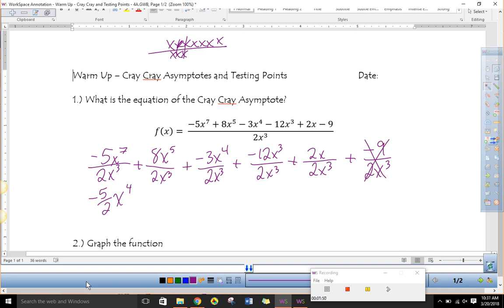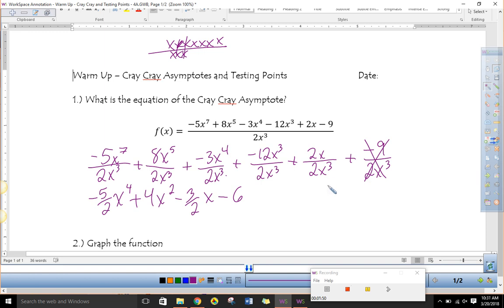What does this guy become when I simplify it? 4x to the 2nd, good. How about this guy? Negative 3 over 2, x, and then how about this guy? Negative 6, both x to the 3rd knock out.